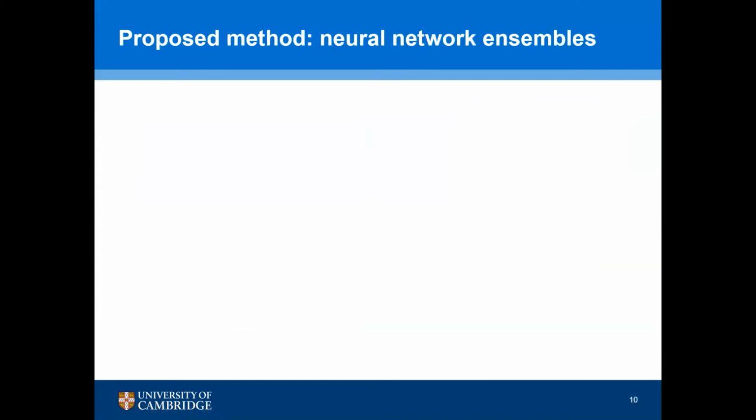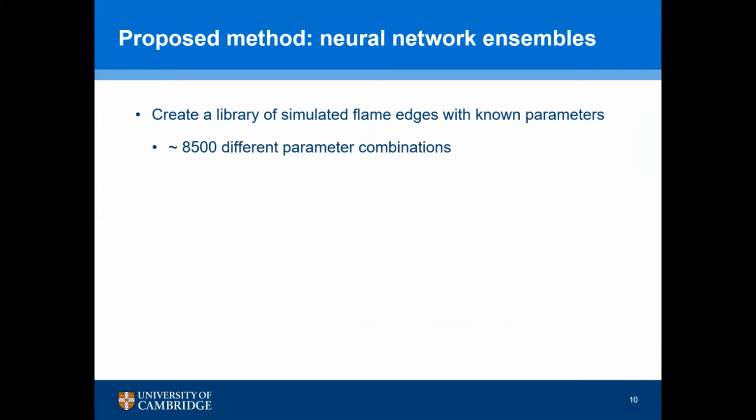Our method is an alternative whereby we propose to create a library of simulated flame edges with known parameters using our program LSGen. We define or set approximately 8,500 different parameter combinations, and we use LSGen to iterate the G equation until convergence to produce simulated flame edges.